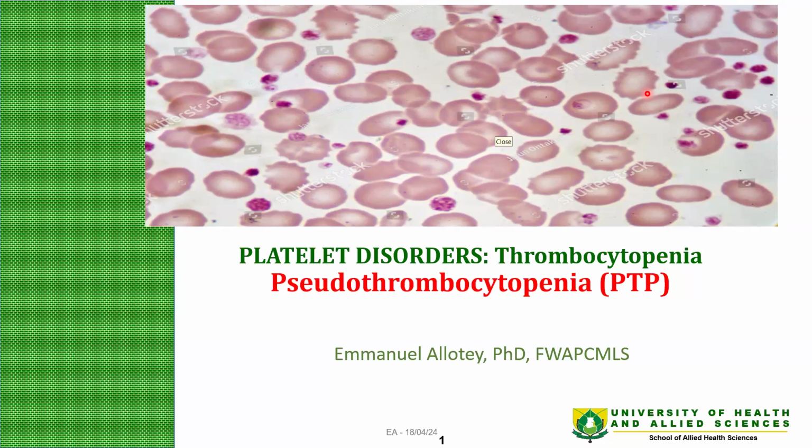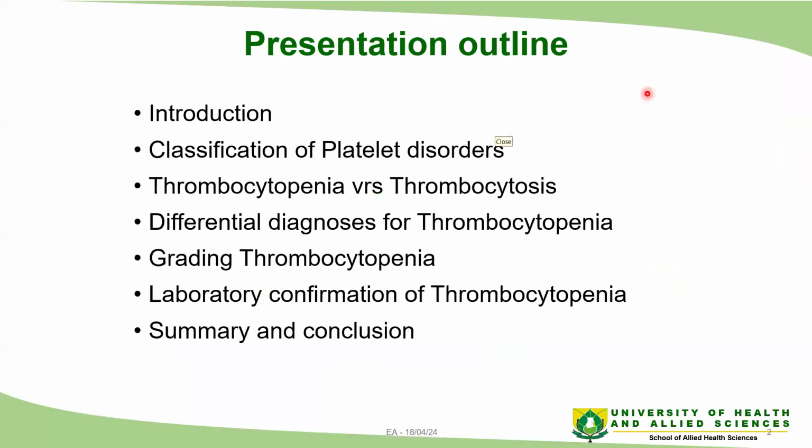And if it's still the same results, you may have to check if something else happened to the sample, for which reason you are getting that, because the patient may not actually be having that particular situation, but it is something that might have happened to the sample after it was taken out of the blood vessel. So this will be the outline for today's presentation.